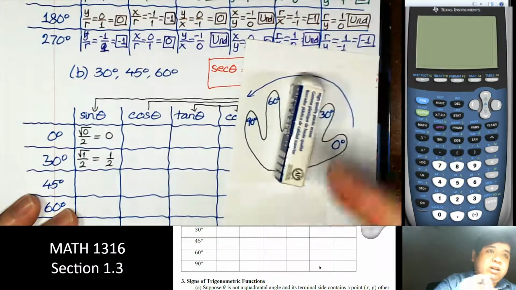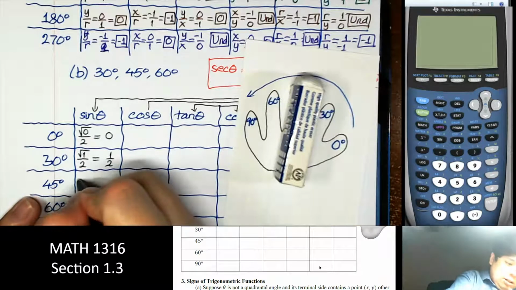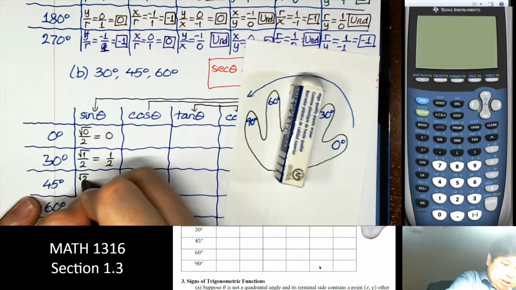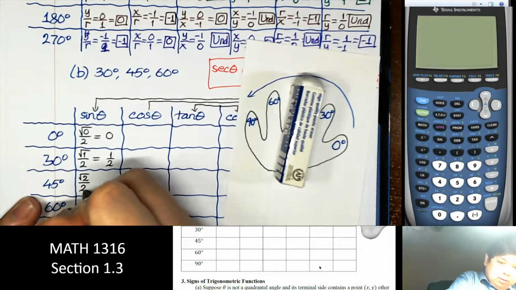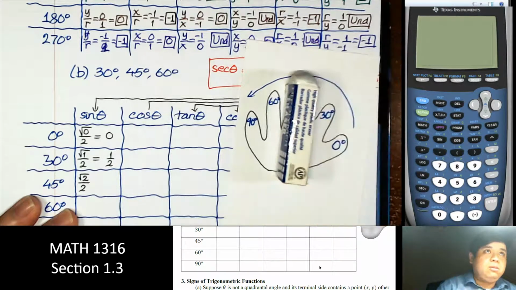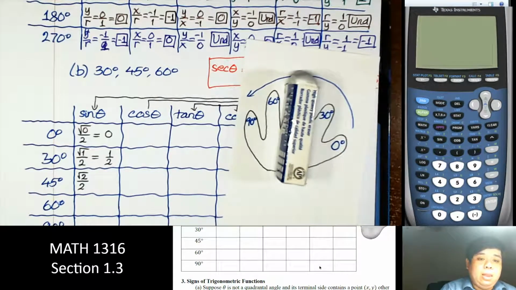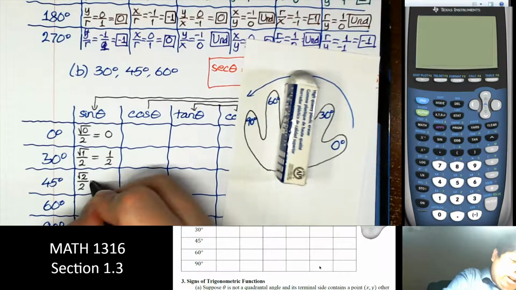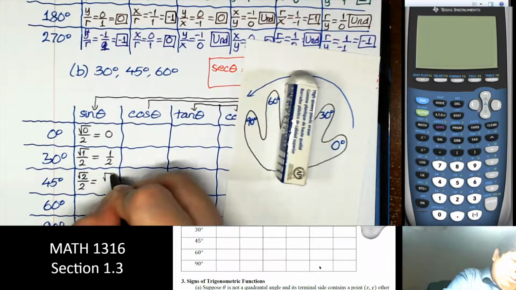Now 45 degrees, 2 fingers on the right, 2 fingers on the left, and the square root of the right fingers is going to be the sine.